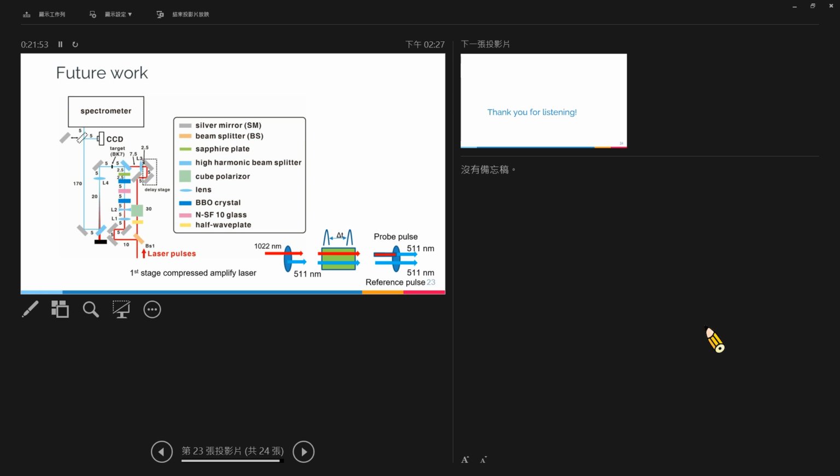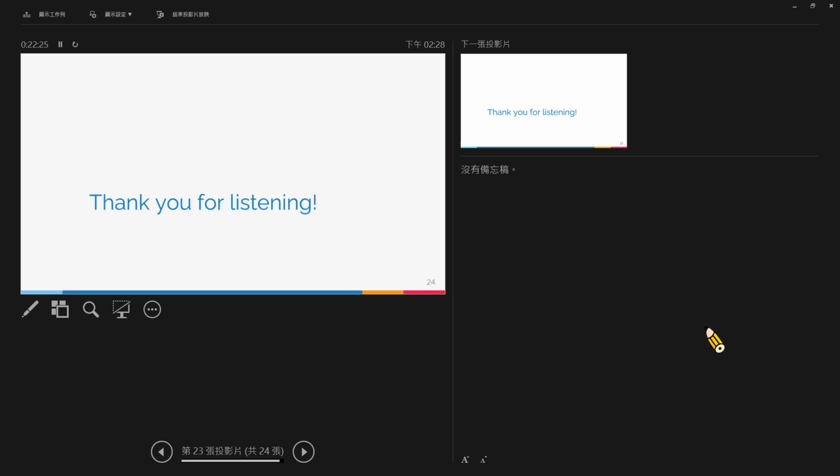So I will put another BBO crystal to change the 1022 nanometer wavelength to 511 nanometers. Then I will get a probe pulse and a reference pulse here, and they will combine with the pump, and eventually get to the spectrometer to do the rest of my research. I hope that next semester I can finish the whole construction and report to everyone. Okay, thank you for listening.